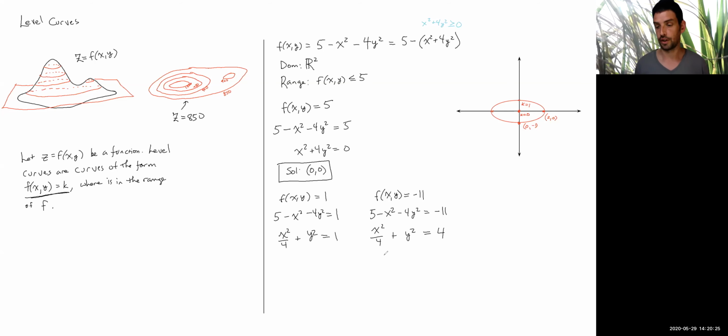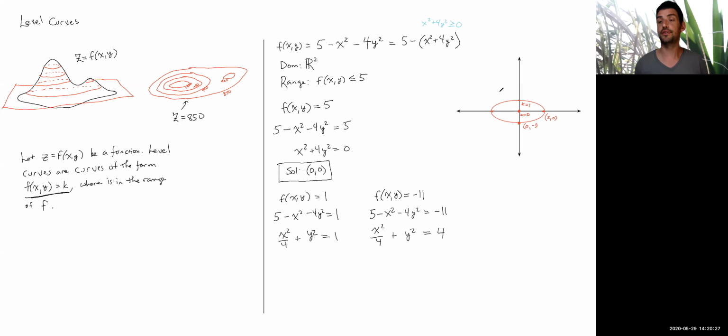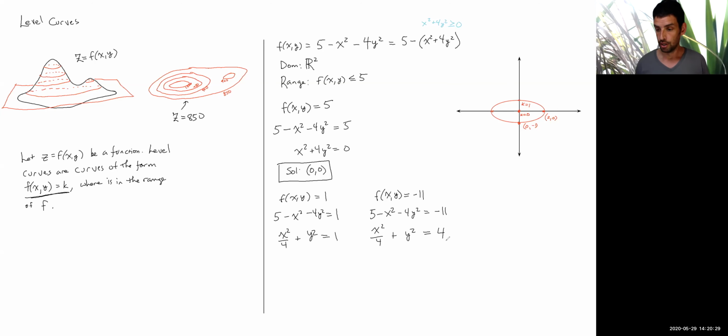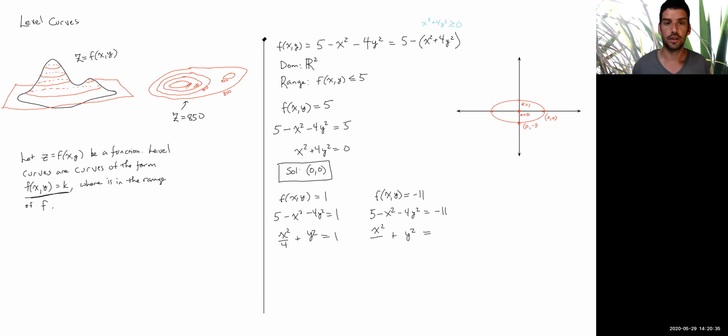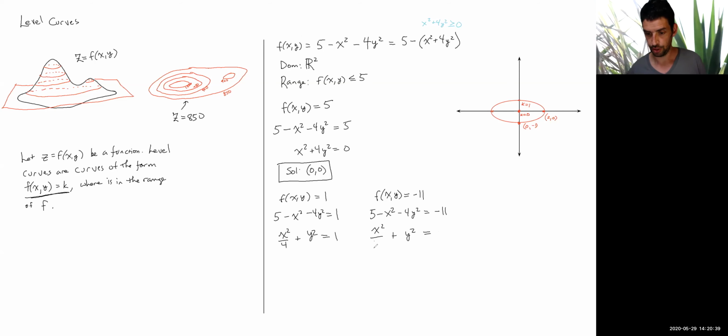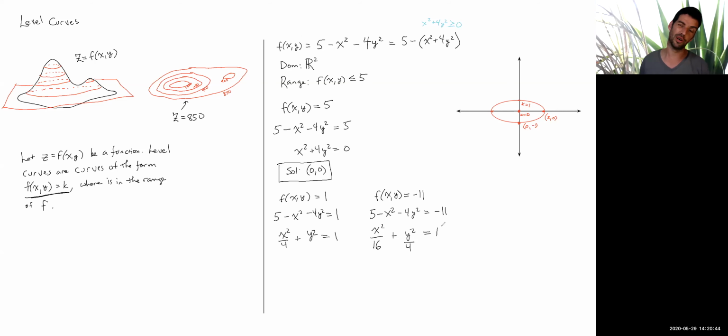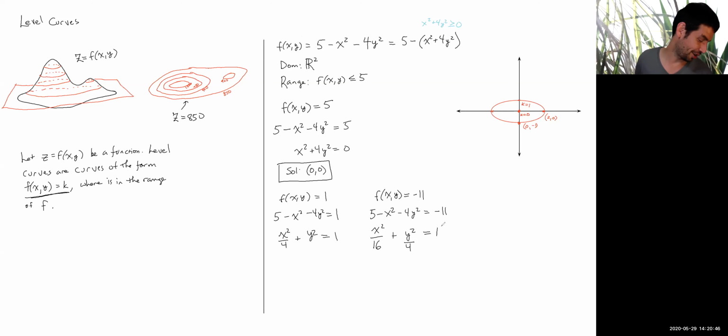Which is, again, an ellipse. Or actually, we could make this a little bit better. Sorry, let's do one more step of algebra. Let's make it equal to x squared over 16 plus y squared over 4, and this is equal to 1. I think that's the more traditional equation of an ellipse.